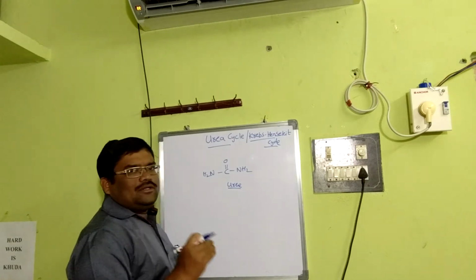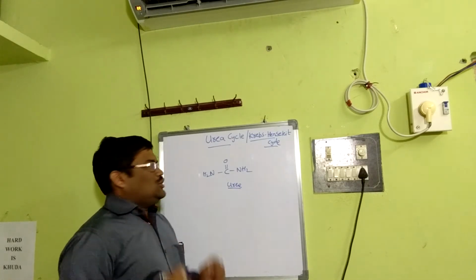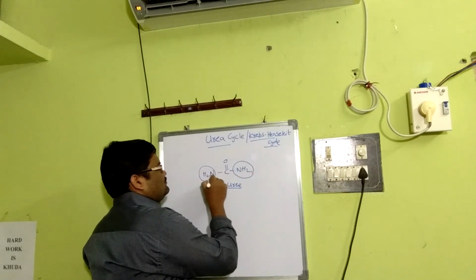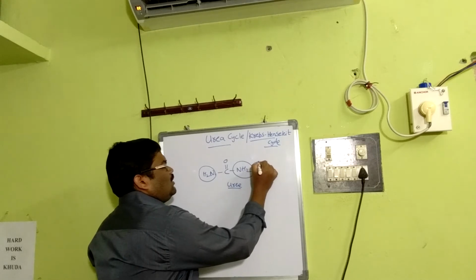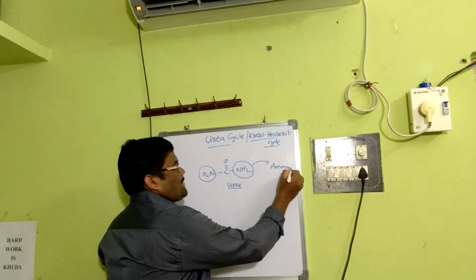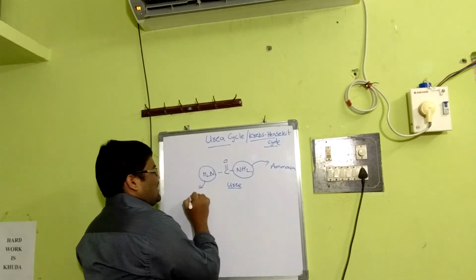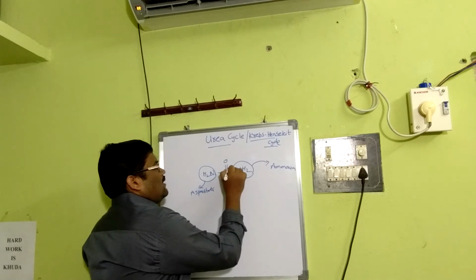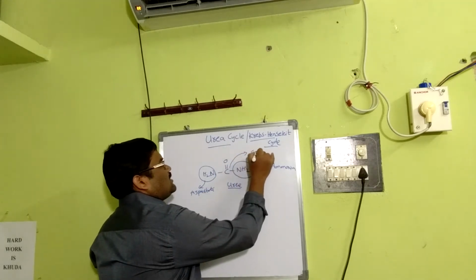Before going to the cycle, we will discuss some basic issues. Here, there are two amino groups. One amino group comes from ammonia, the other from aspartate, and the carbon atom comes from carbon dioxide.